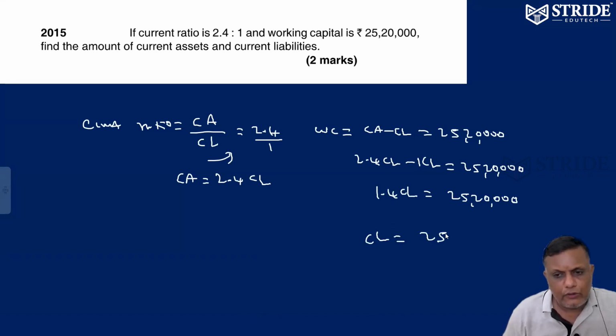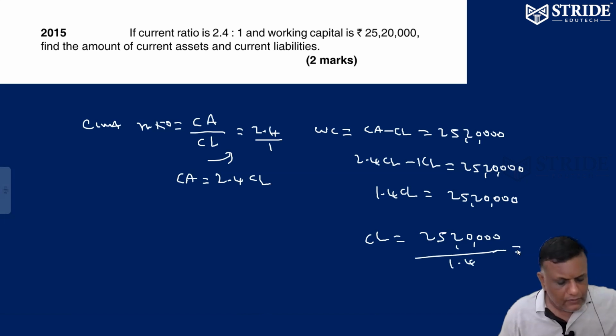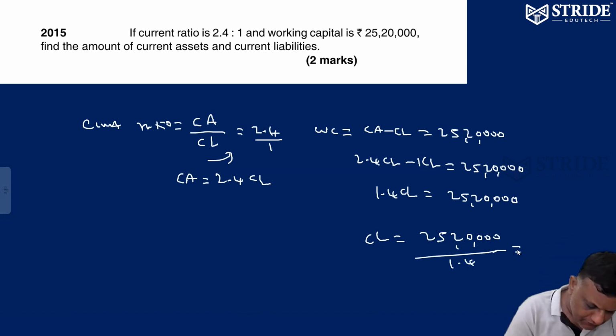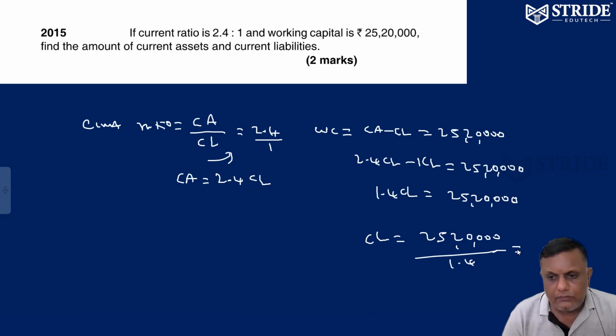So CL is equivalent to 25,20,000 by 1.4. So 25,20,000 by 1.4, how much? 18 lakhs. So current liability is 18 lakhs.